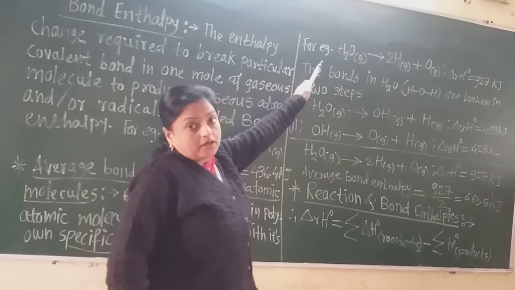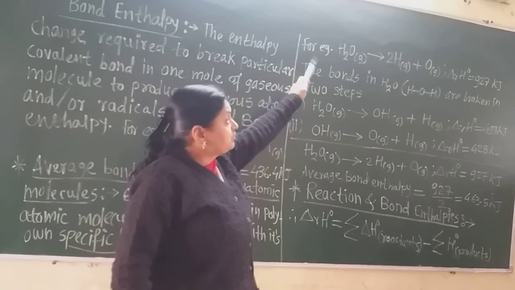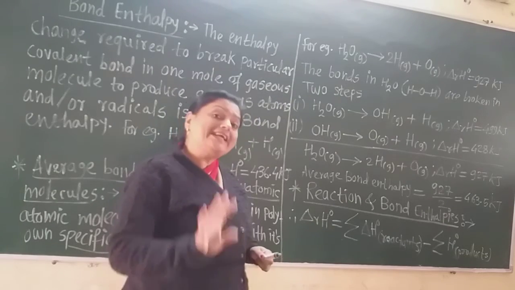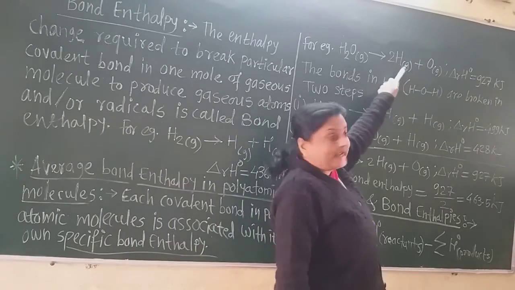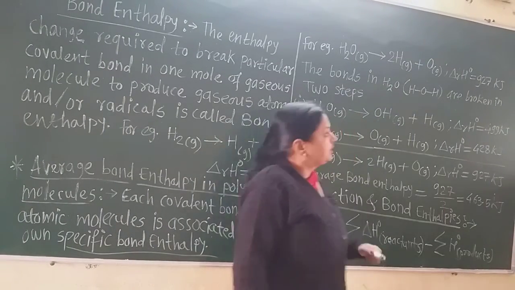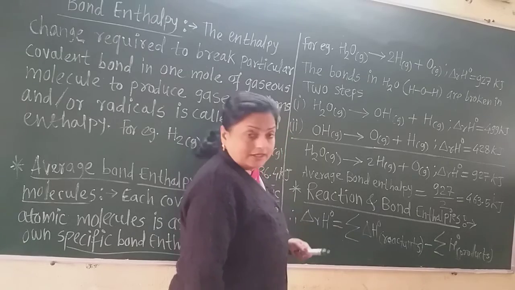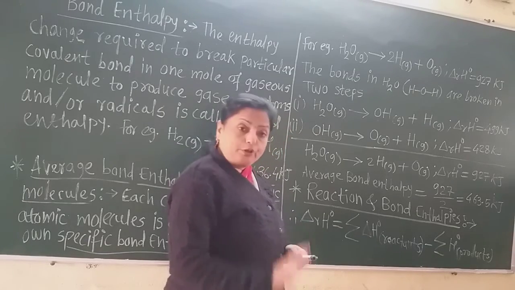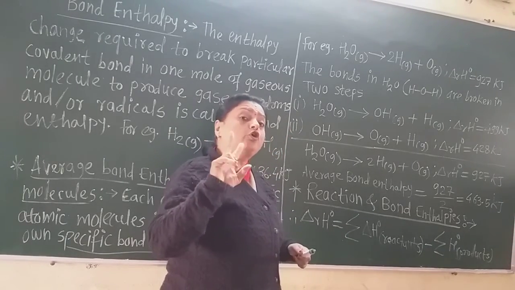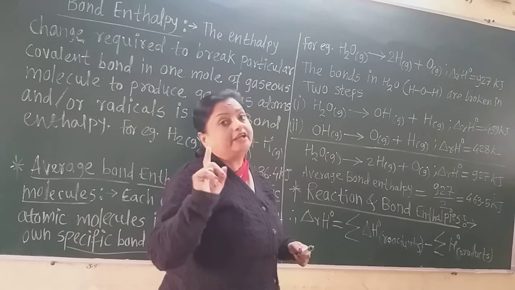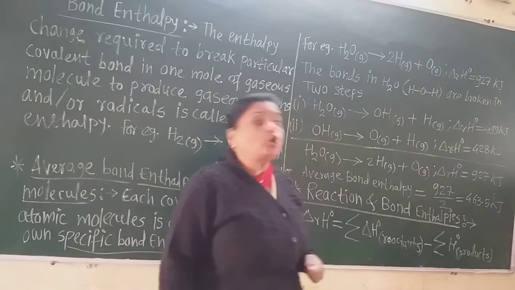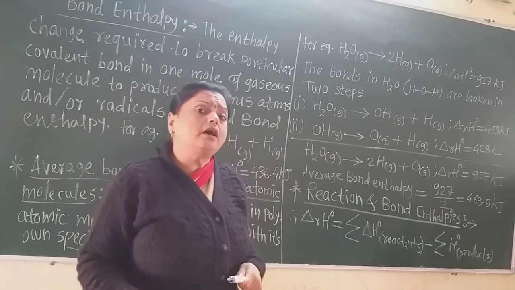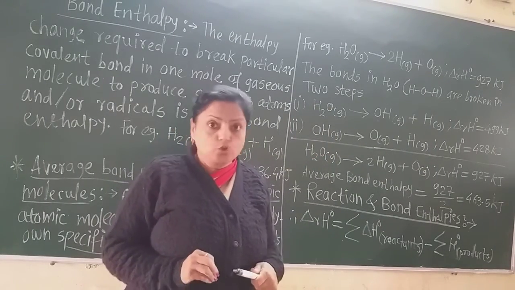If we convert this H2O gas molecule into gaseous atoms, we obtain two hydrogen atoms and one oxygen atom. The total bond enthalpy of breaking the two H-O bonds is 927 kilojoule. But we want the average bond enthalpy of the two bonds.